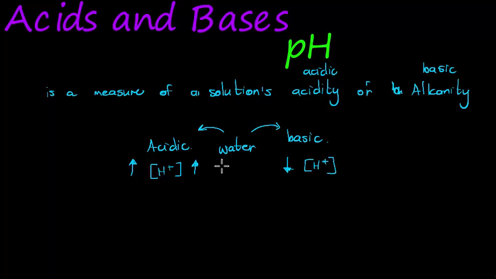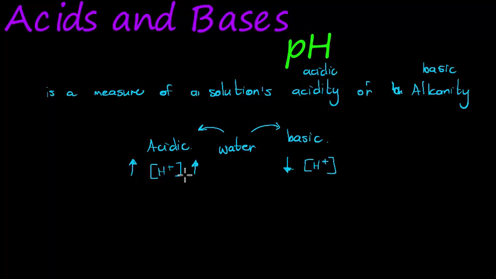Now, the more acidic it gets, the more the solution becomes a stronger acid. And the more it decreases the concentration of hydrogen, the more the solution becomes a strong base.